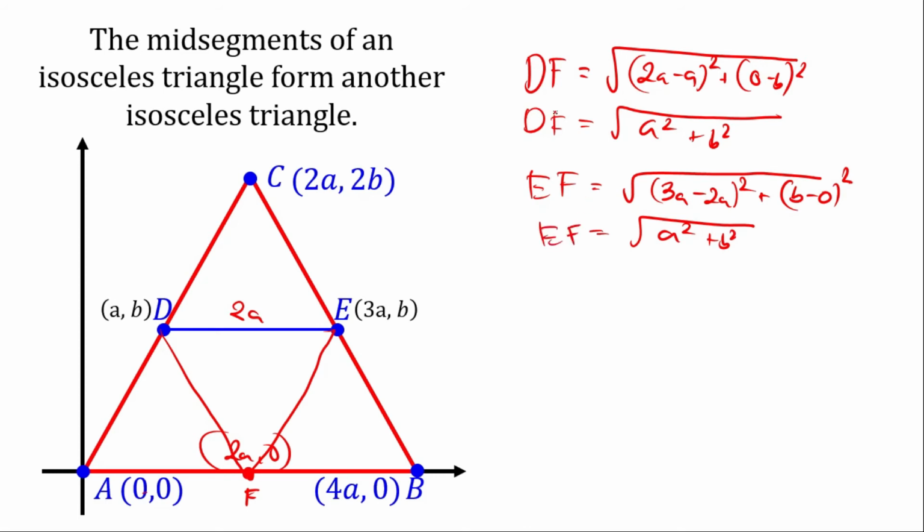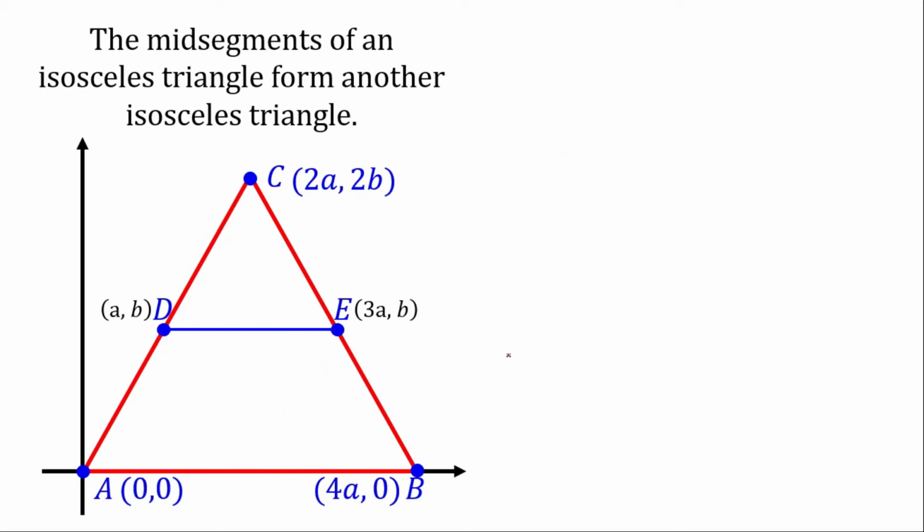Since DF and EF are congruent and DE is 2a, we can conclude that the triangle formed by joining the midsegment of an isosceles triangle forms another isosceles triangle.